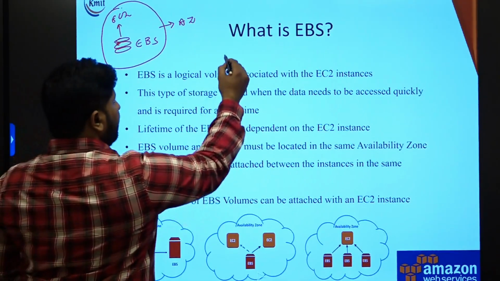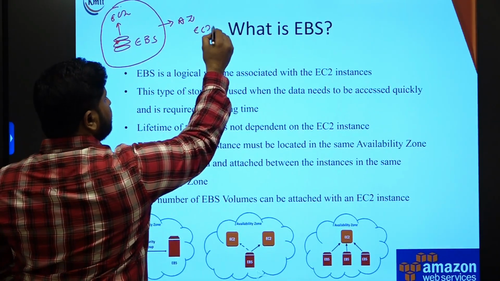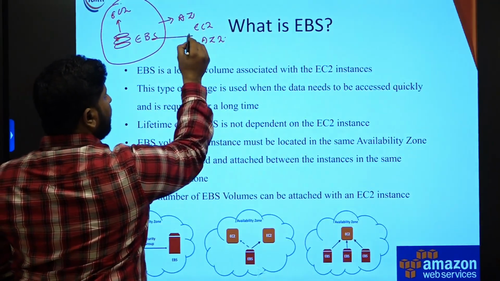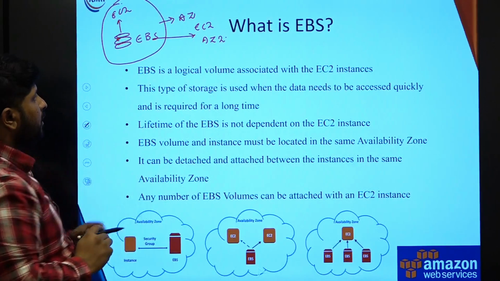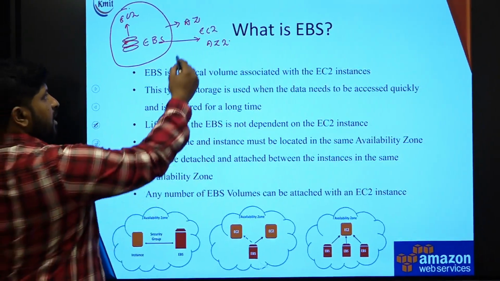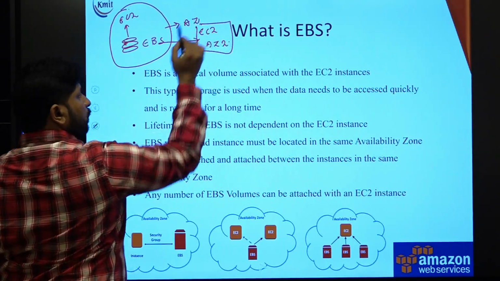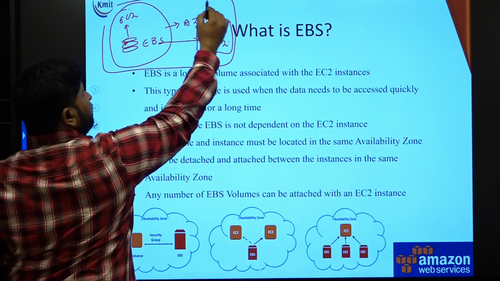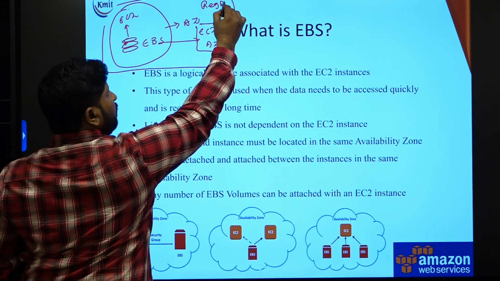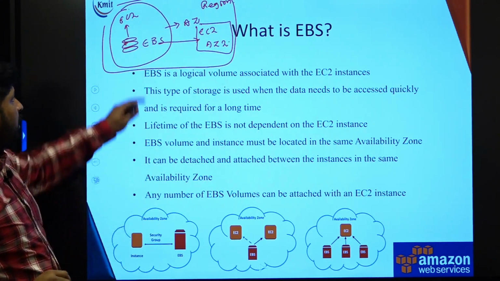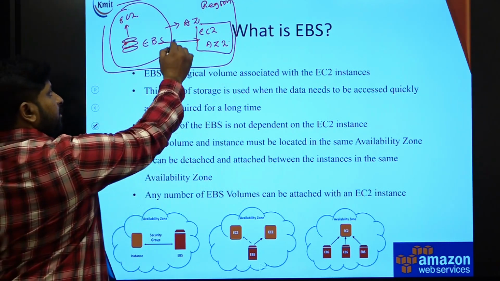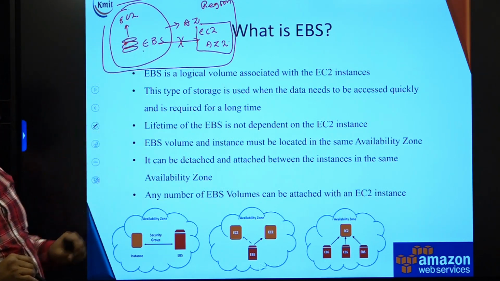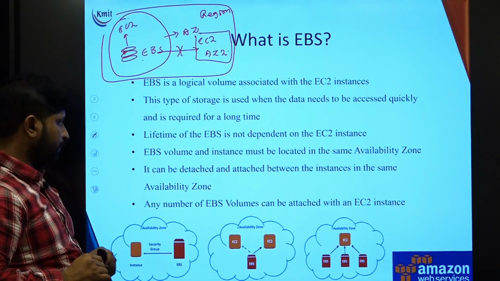If your EC2 is in some availability zone, then you cannot connect your EBS to an EC2 instance which is running in some other availability zone. Even if both the availability zones are in the same region, we cannot connect them. This is not possible. EBS and EC2 should be in the same availability zone.